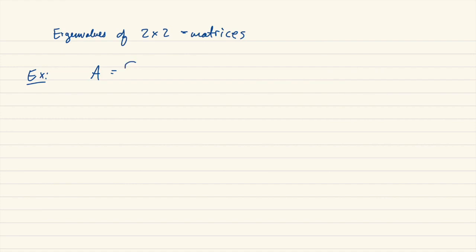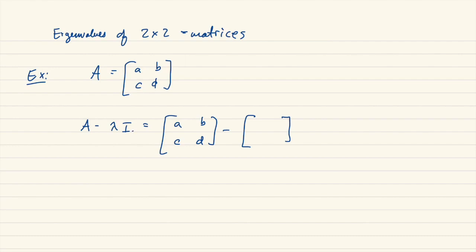I'm going to take just an arbitrary 2 by 2 matrix, A, B, C, D. And what I want to do is look at the characteristic polynomial. So I'm going to look at A minus lambda I. We're going to take A, B, C, D, minus, if I take the 2 by 2 identity, 1, 0, 0, 1, and multiply by lambda, this is going to be lambda, 0, 0, lambda.